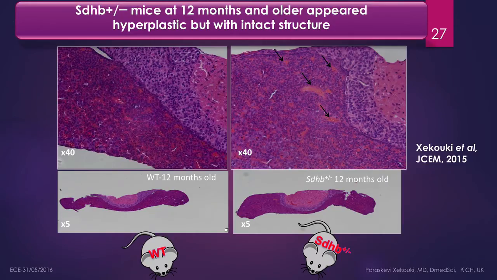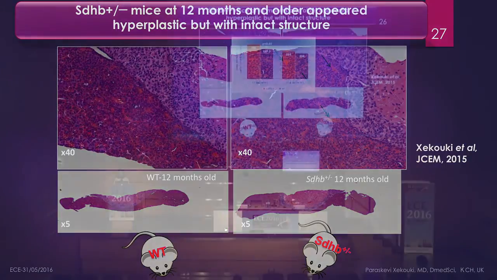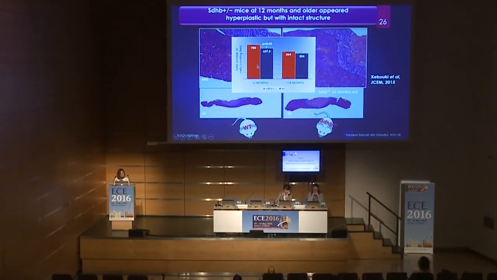So the first observation that we made was that the pituitaries of the heterozygote mice appeared hyperplastic but with intact structure. And this observation was confirmed when we calculated the total number of the cells per counting field in 12 months old mice. We were able to find that there was a significant difference in the total number between the heterozygote mice and the wild type.